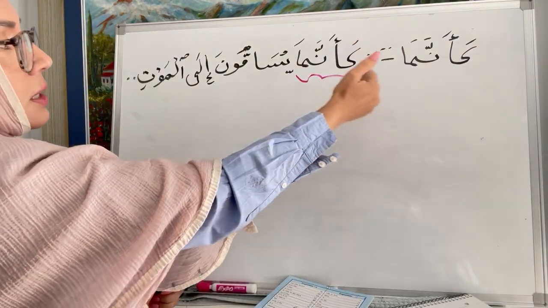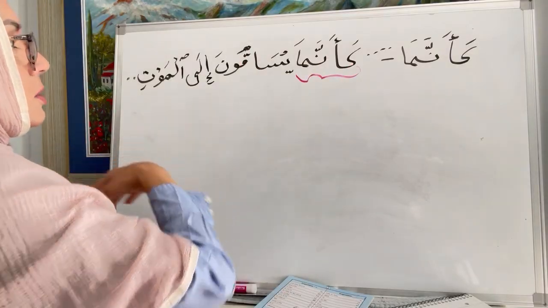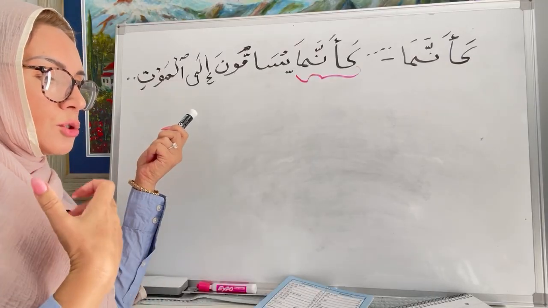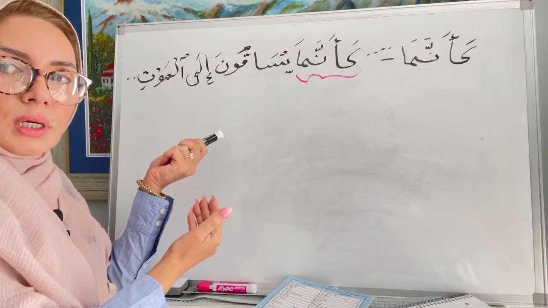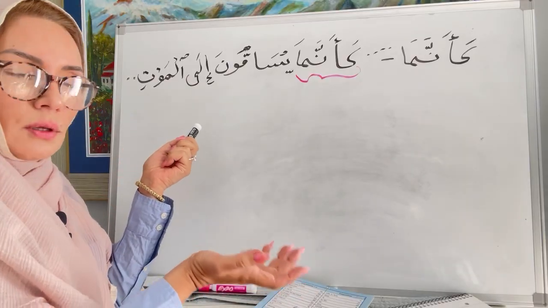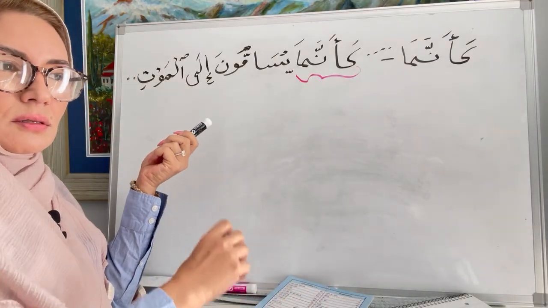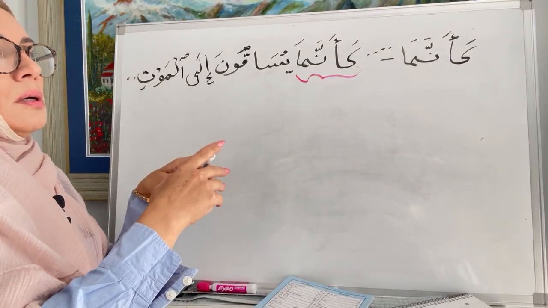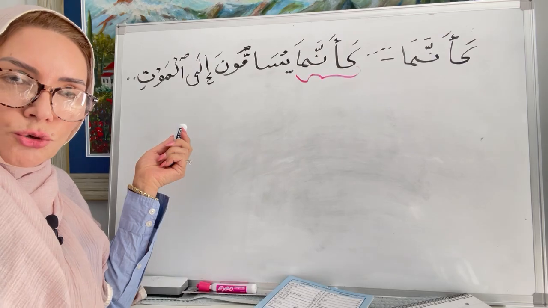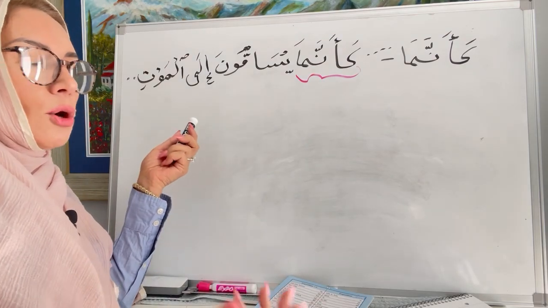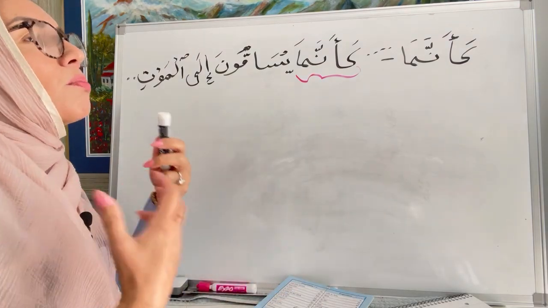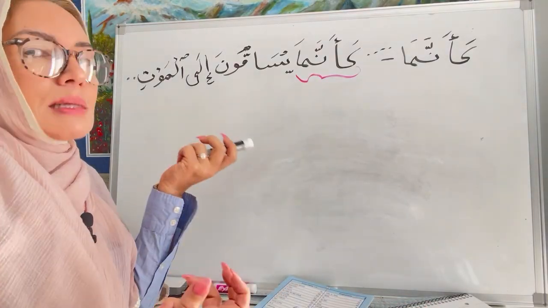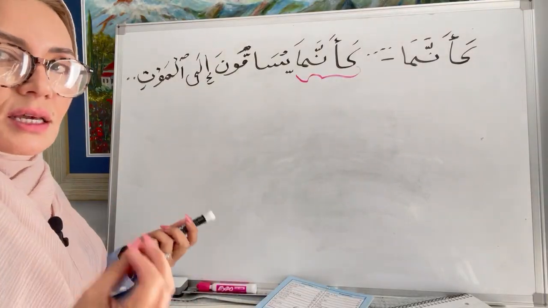There's something before that, and then it says كأنما يساقون إلى الموت. As if they are driven towards death. So the ayah is kind of saying that the Prophet ﷺ is talking to the pagans. They're listening to you, but it just feels like you're inviting them to death. It's so difficult for them to accept everything. كأنما, as if you are pulling them.